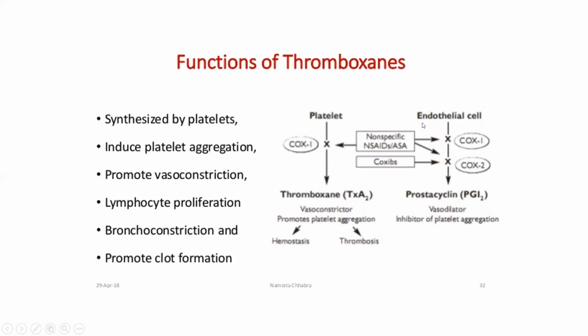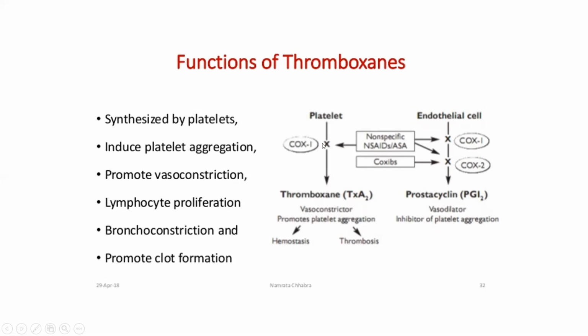This is the platelet and this is the endothelial cell, where COX1 is present. Aspirin, when taken, blocks COX1 and COX2.